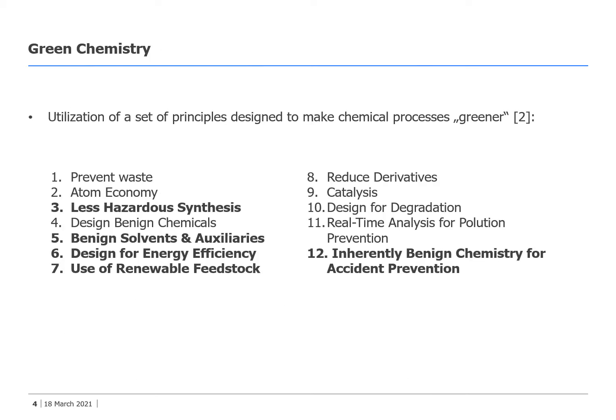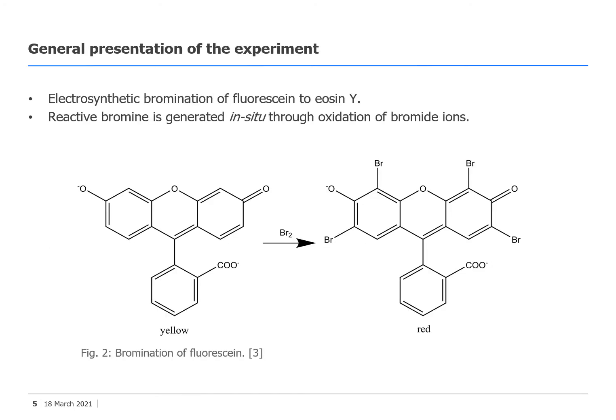In most cases, electrosynthetic processes can fulfill some of the 12 prerequisites for green chemistry. This includes the use of renewable feedstock, efficient use of energy, benign solvents, and thereby an inherently benign chemistry for accident prevention. In this contribution, we present the electrosynthetic bromination of fluorescein to eosin Y via the in situ formation of intermediate bromine.